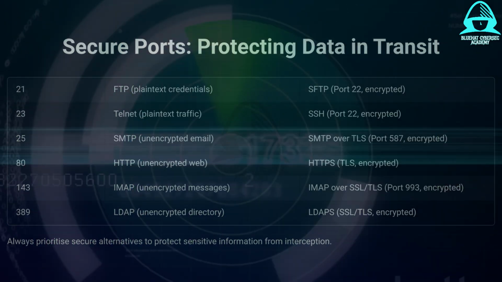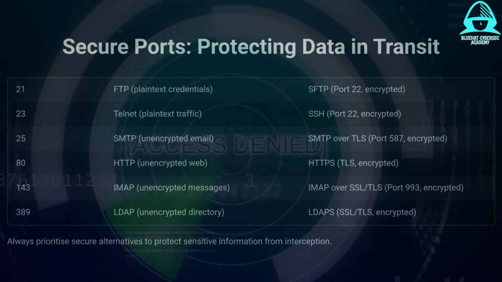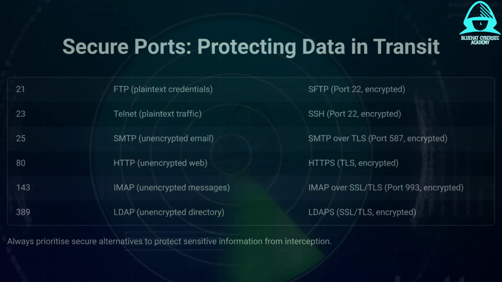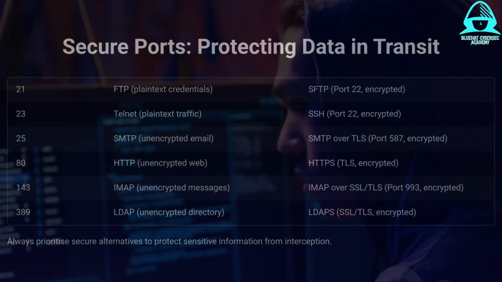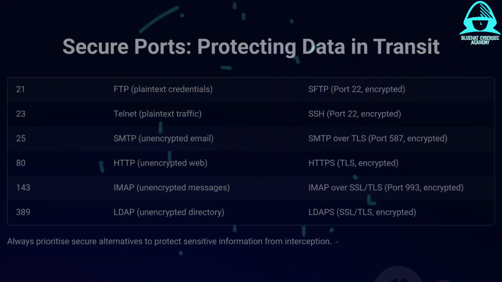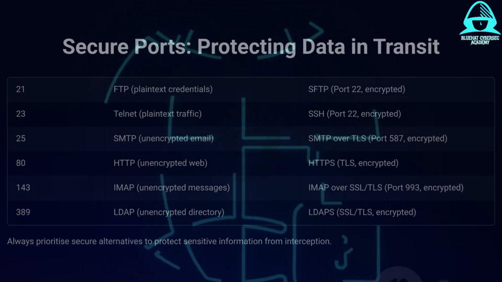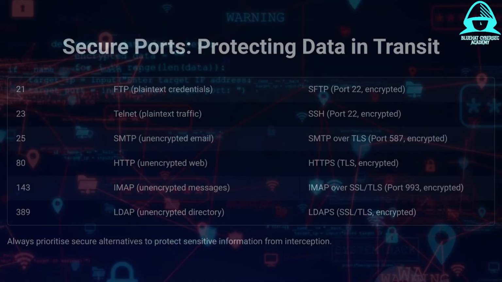Port 389, LDAP. Lightweight Directory Access Protocol communicates directory information, such as email addresses or login names. Because it is unencrypted, it is susceptible to sniffing and manipulation. LDAPS, which adds SSL or TLS encryption, protects this information while in transit.